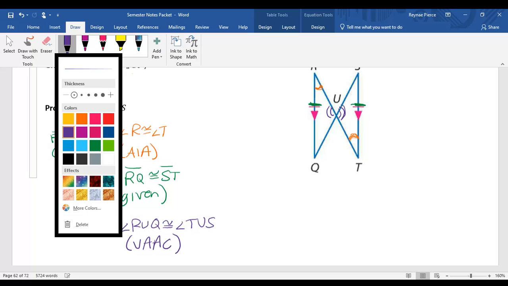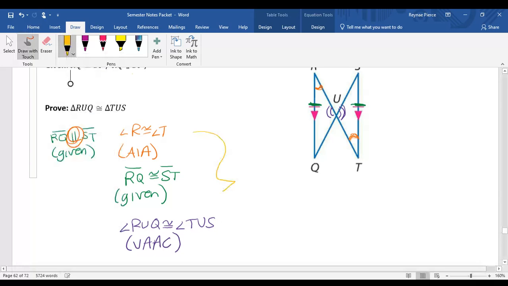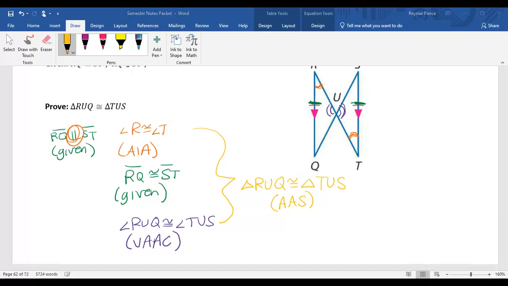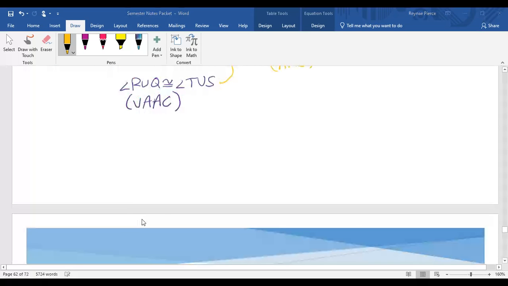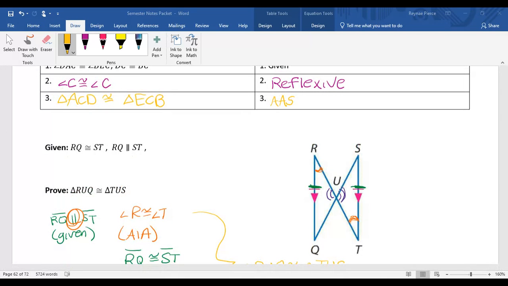Okay, and those three pieces together let us say that triangle RUQ is congruent to triangle TUS by that angle, side shortcut. And that is it for chapter 4 notes.